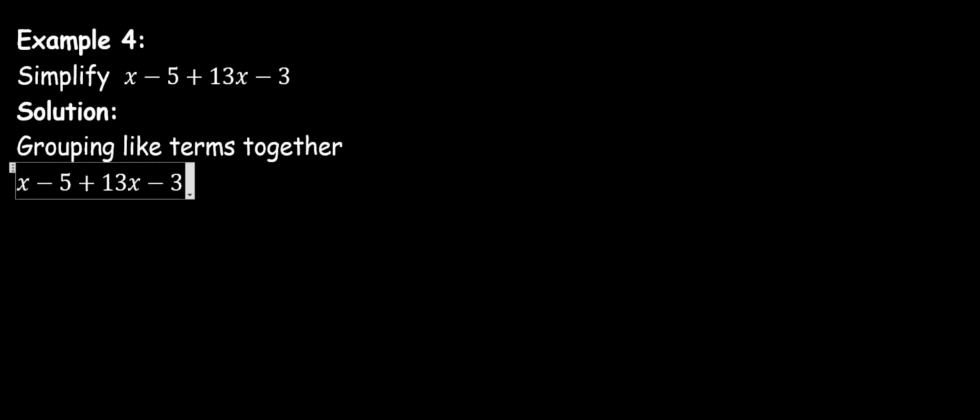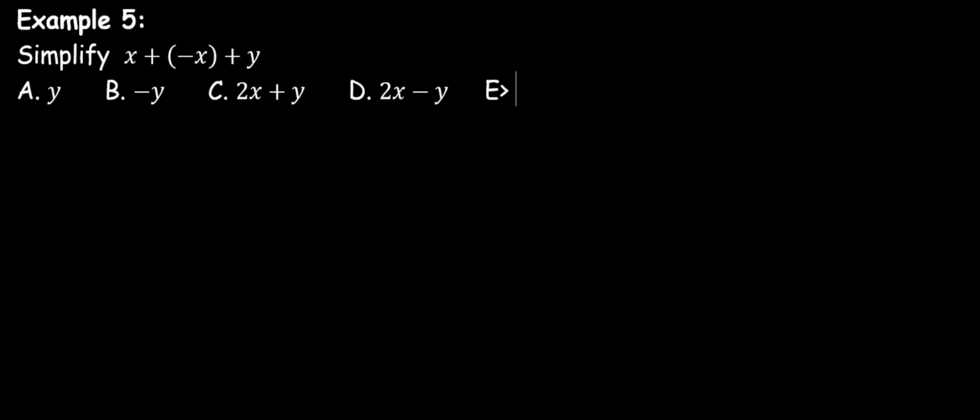Simplify x plus bracket open minus x bracket close plus y. The options are given: a, y; b, minus y plus 13x; c, 2x plus y; d, 2x minus y; e, 2x. Solution.